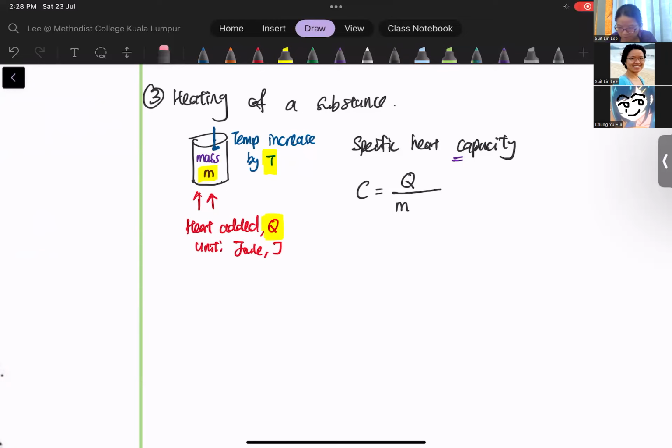So I'm going to write this one as T. Which is also something like 4200 joule per 1 kg per 1 degree Celsius. This one is for water.